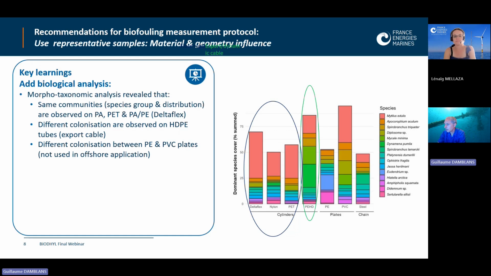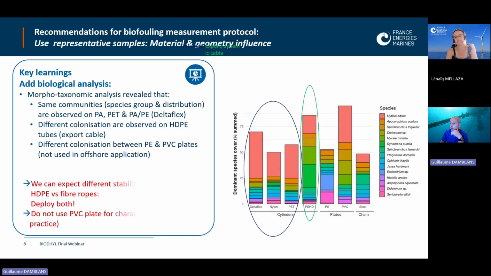And you can see that the community seems to be similar between different fiber ropes, but different on the HDPE tube. And this is something very important because we have a limited time observation, but from this, we can expect that the stabilized state will be slightly different between both sets of materials.